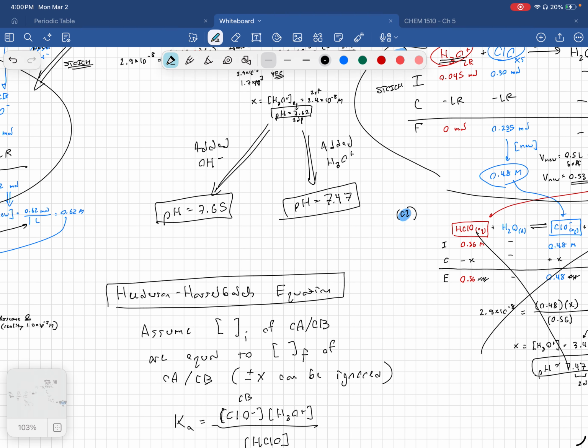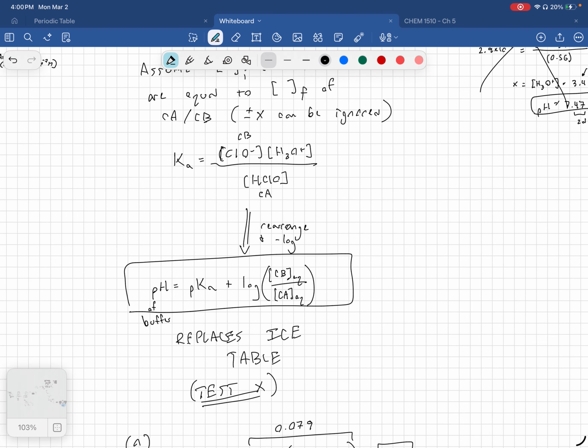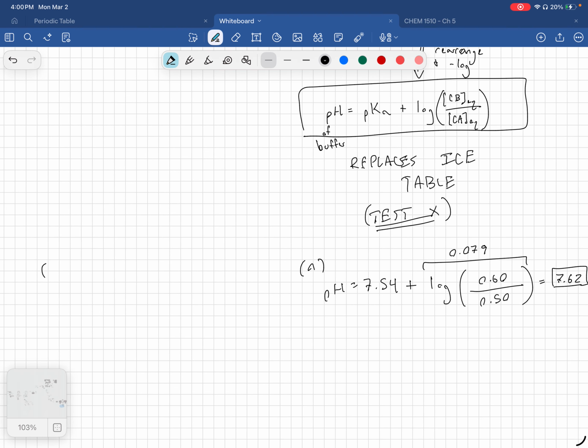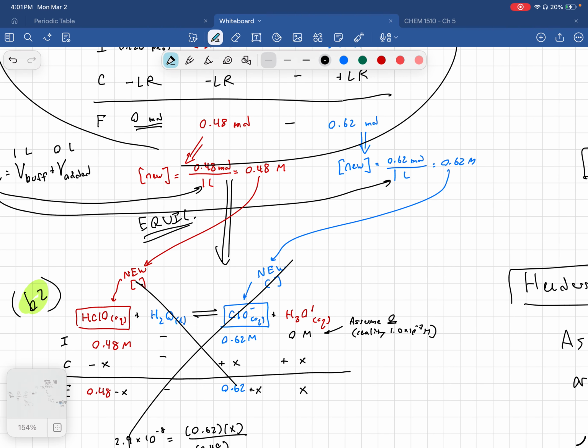And if we look here, 7.62 is what we got in the first part of the problem. Now, part B. Same problem: pH equals 7.54 plus the log of conjugate base over conjugate acid. Again, we skip the ice table, but we still need to do that stoichiometry step to see how the ratio of concentrations has changed before we plug it into the Henderson-Hasselbalch equation.